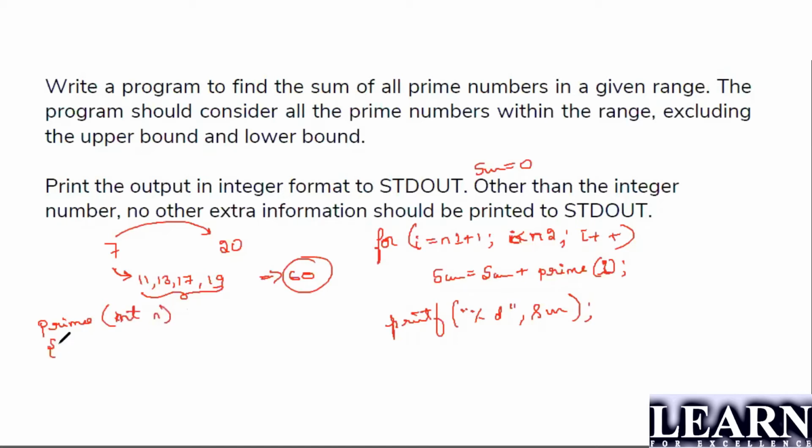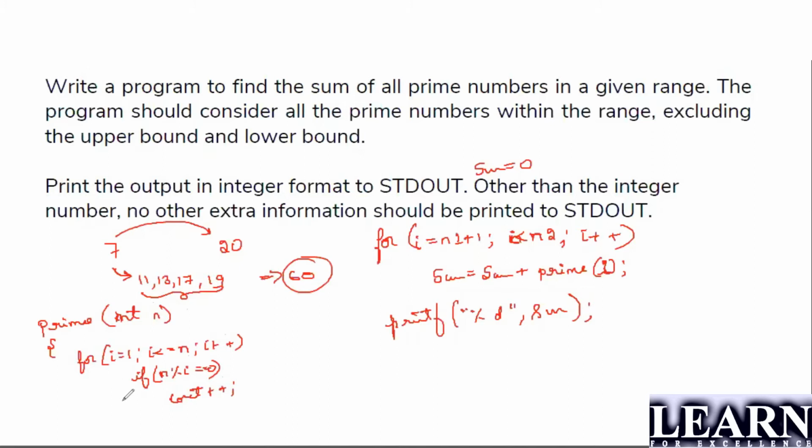So inside this, you have to check the number. The same for loop we can write, for I equals to 1, I less than or equals to n, I plus plus. If n modulus I is equals to 0, we take out the count, count plus plus.